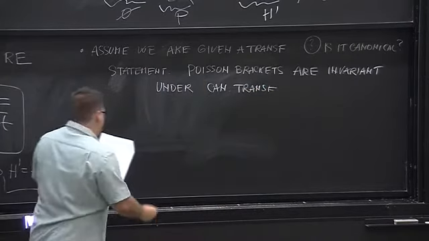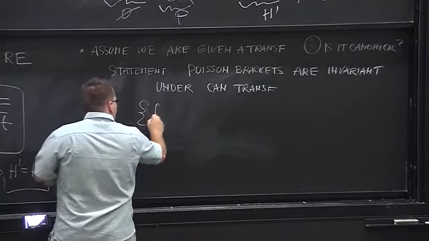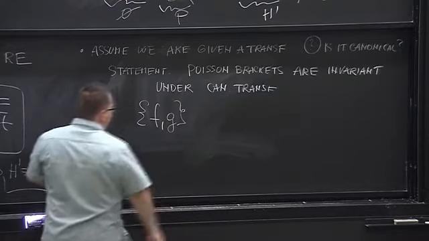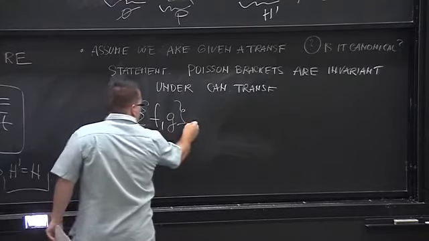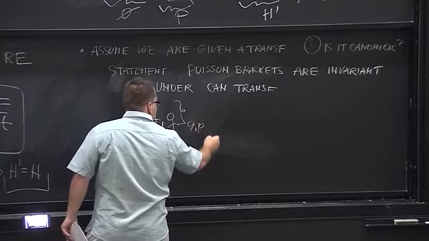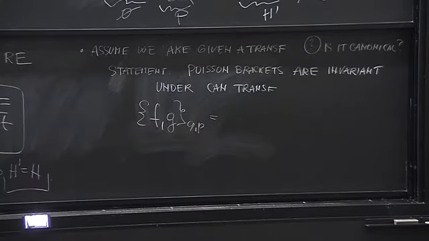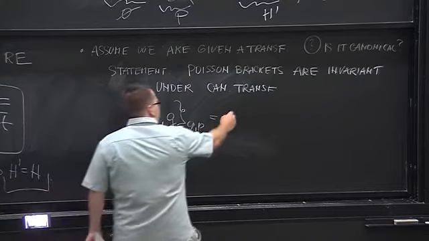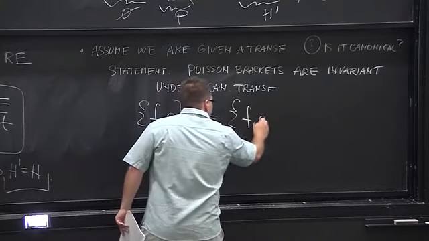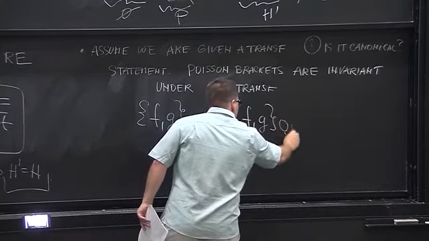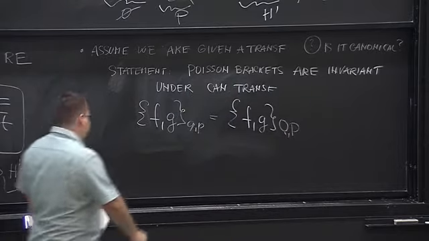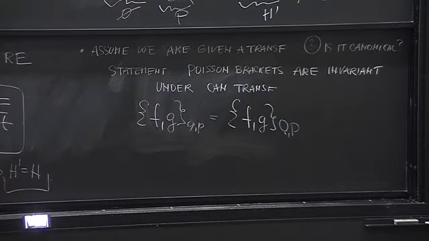In other words, if I have f and g, and I calculate the bracket in terms of small q and p, then this must be the same as if I calculate it in terms of big Q and P. Okay, so why does it help?